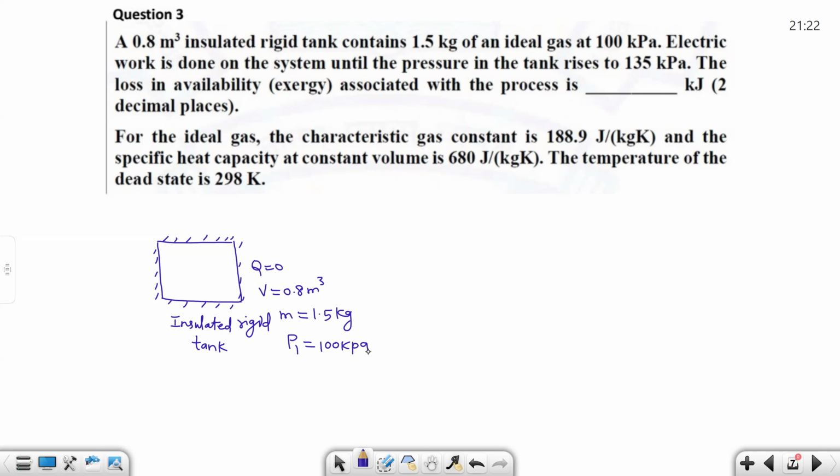Electric work is done on the system. So there is electric work done on the system which raises the pressure. Maybe this is the electric work input, which you can take as I squared RT.